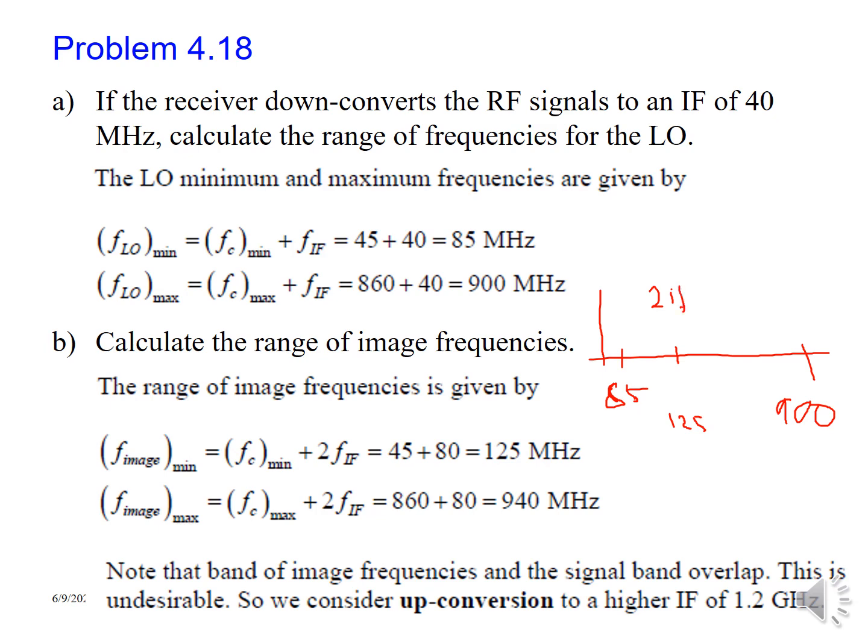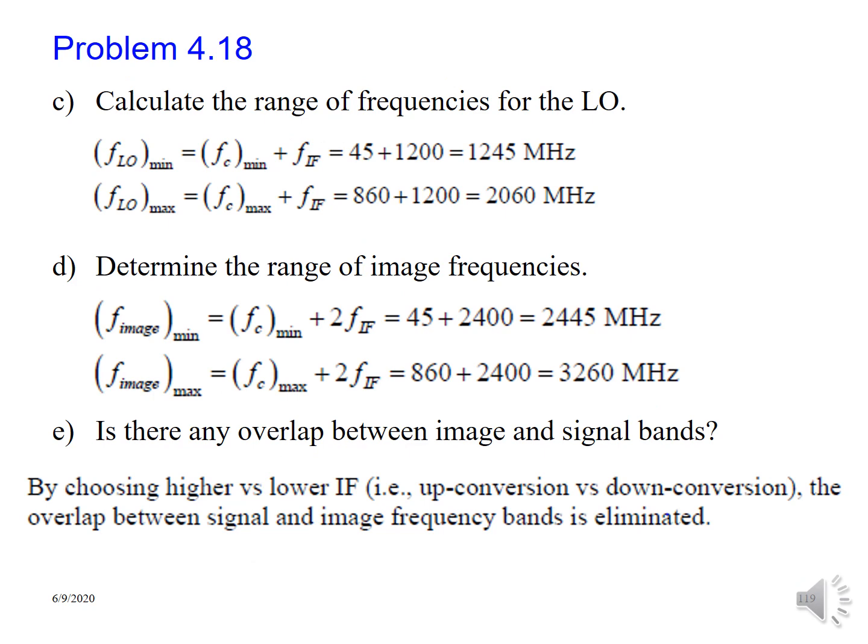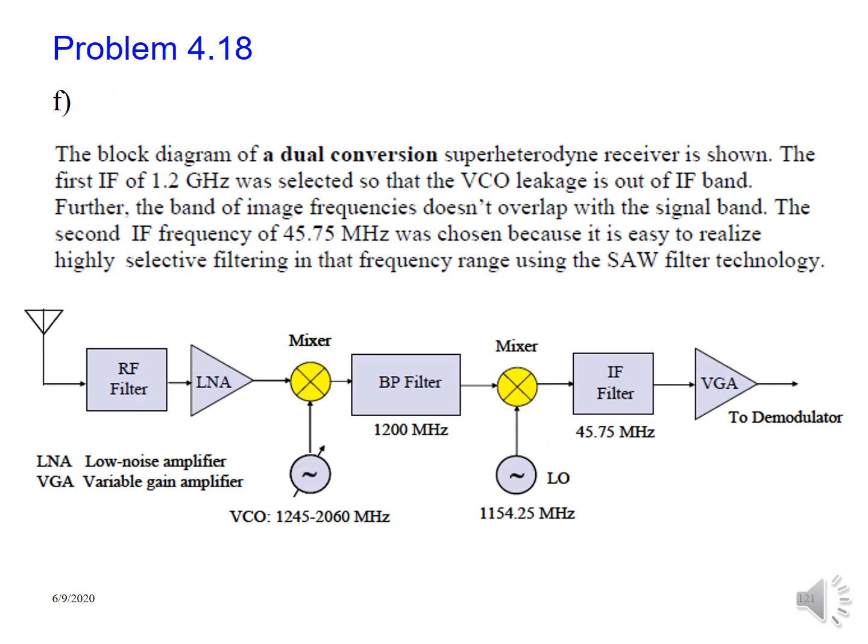This is at 2IF, or image frequency F image, which we don't want. So what we do is we want to up convert to 1.2. We down convert it into a below IF. So here, in the receiver, we have to convert the RF into IF.